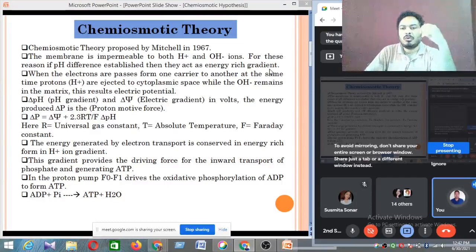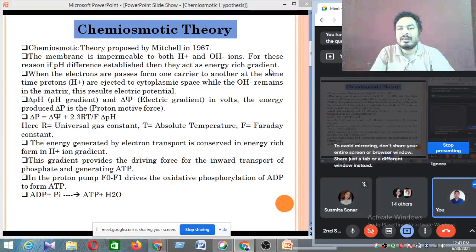So when the positive ions move to the perimembranous space, it becomes positively charged, and the matrix becomes negatively charged, because all the OH molecules are in the matrix. So one side has positive charge, one side negative charge.